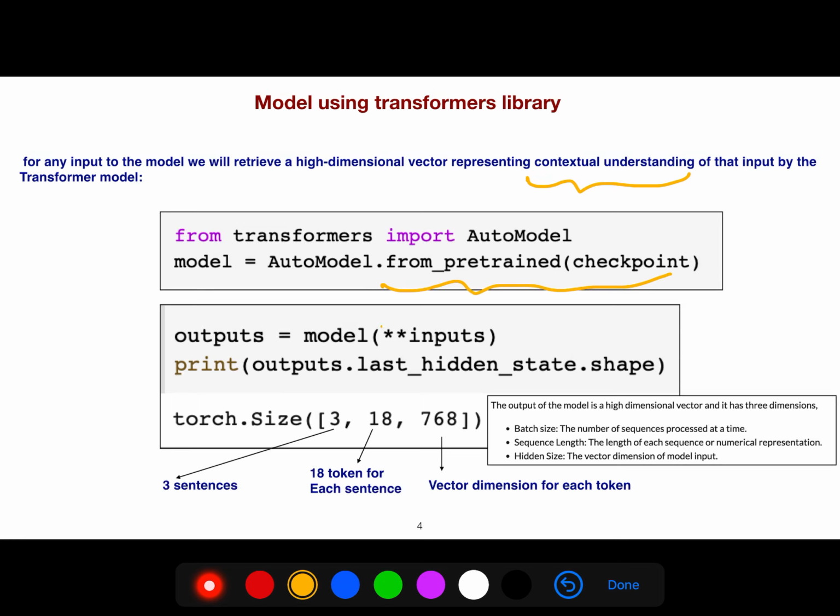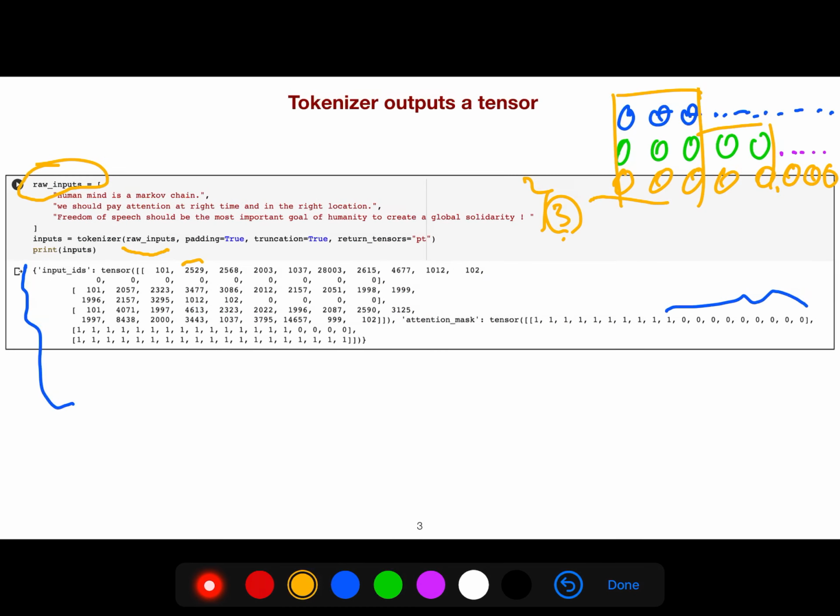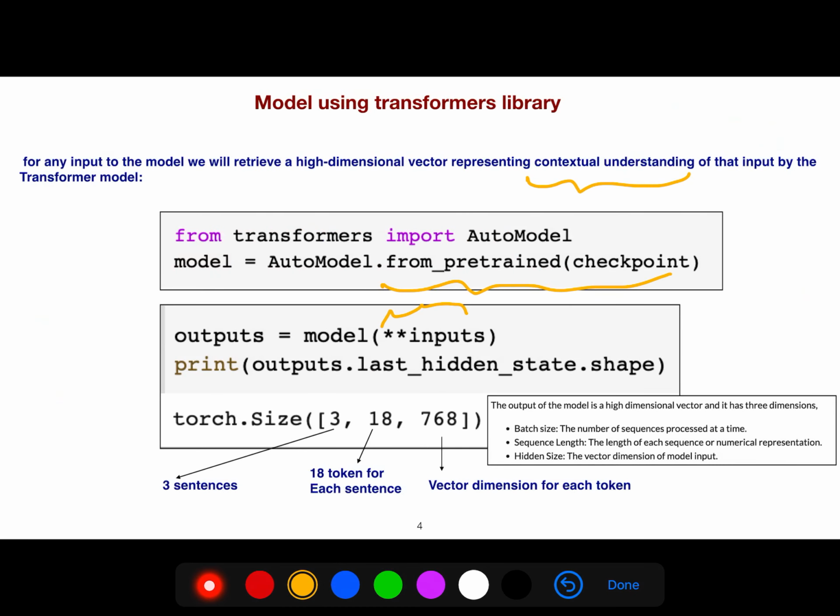So if you give some input, for example, your input could be this, then the output is 3 sentences. Each sentence has 18 tokens, and then we have 768 dimensions for each token. So that's why it is represented by a tensor.